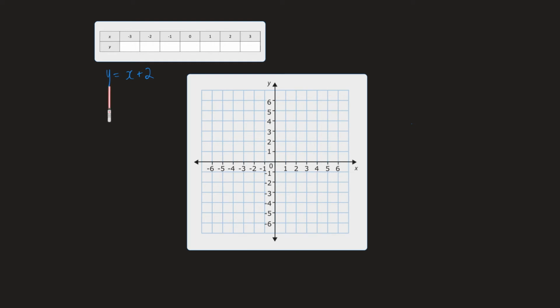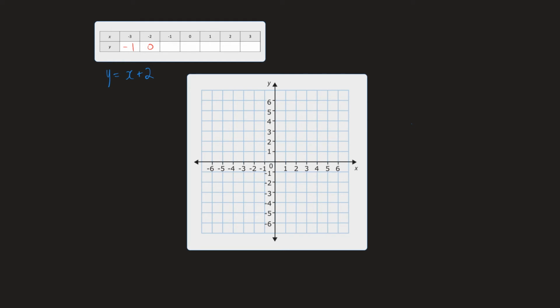So what I'm going to do is substitute the value for x into the equation. So for example, when x is -3, we read it as y equals -3 plus 2, and that'll give us an answer of -1. When x is -2, y will be -2 plus 2 will be 0.